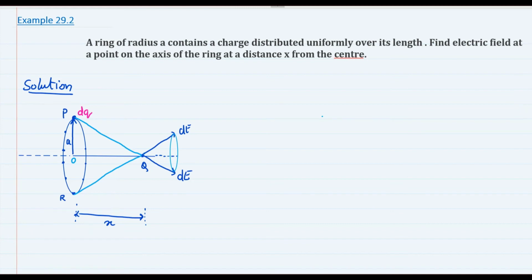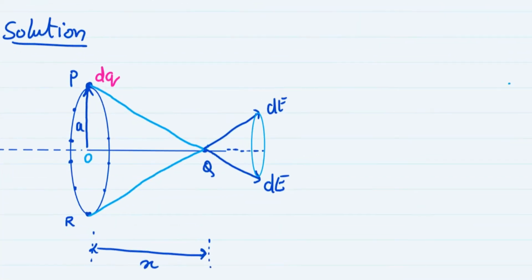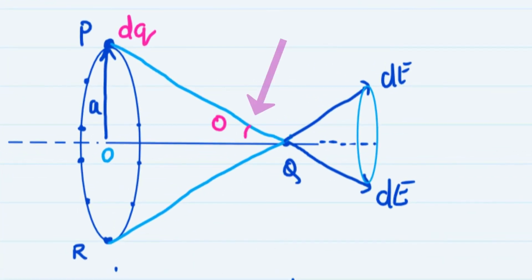What I'm saying is, if I consider this angle as some angle theta, we started with the point P, so this angle will become theta. It is a vertically opposite angle.